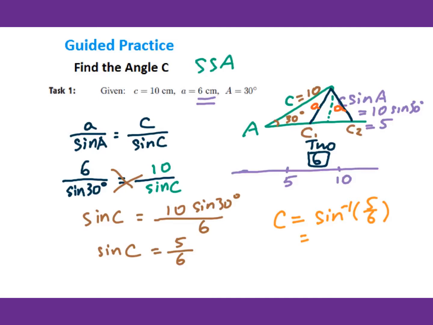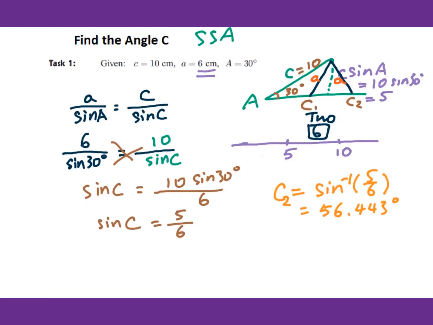We put into calculator, you will get 56.443 degree. According to this diagram, we know C2 is a acute angle. Therefore, that's C2. We got 56.443 degree.